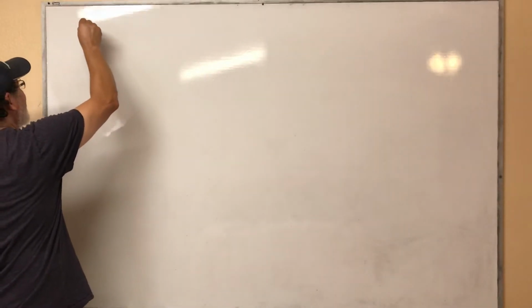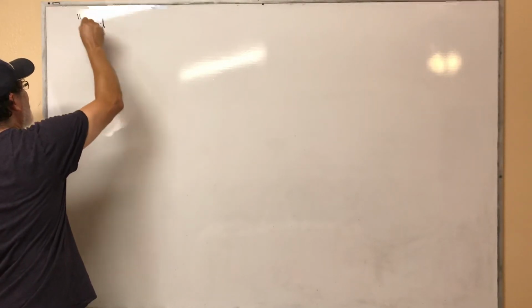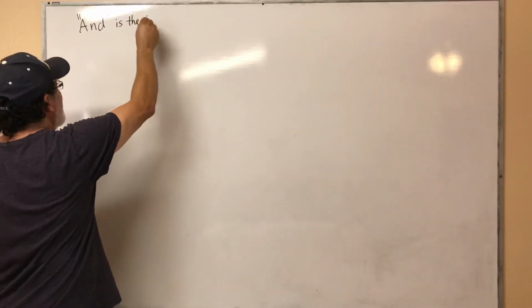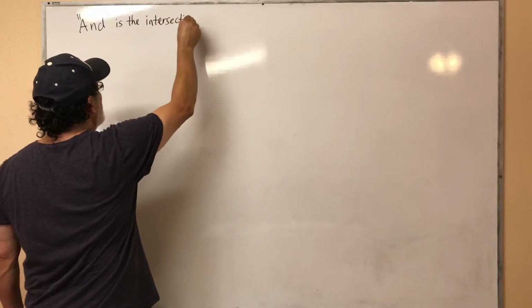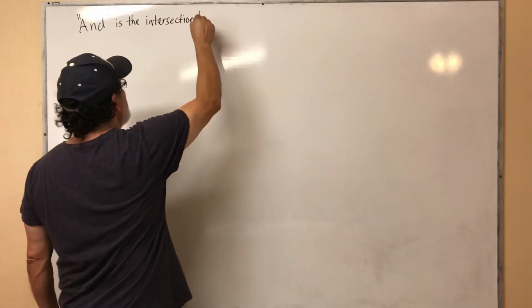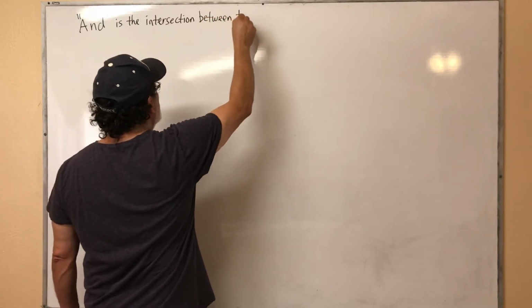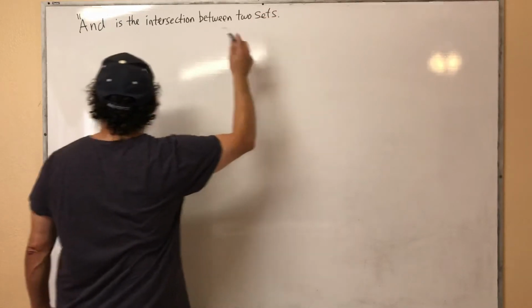And is the intersection between two sets.